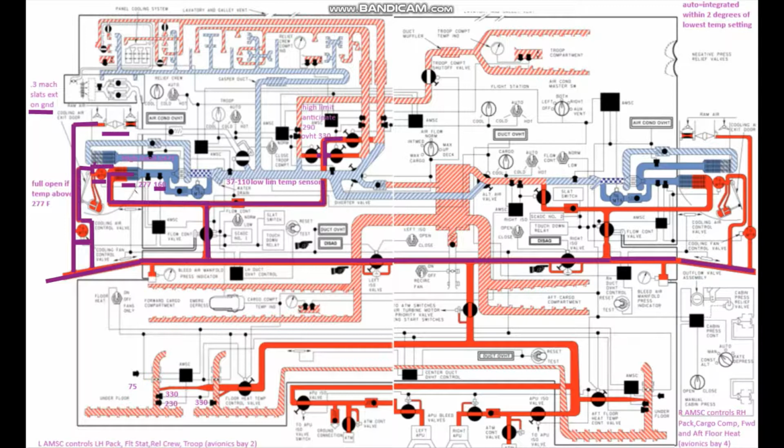The 277 comes into play because if the temperature rises to 277, at that point the AMSC opens our cooling air exit door fully and it gets locked into place.